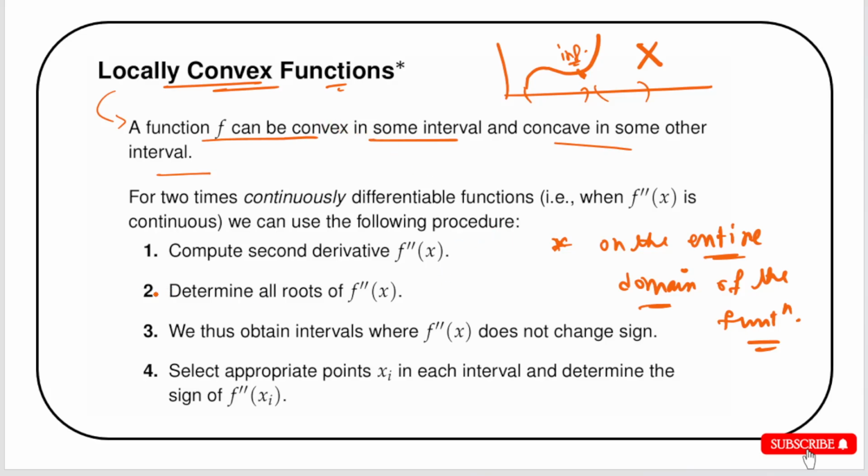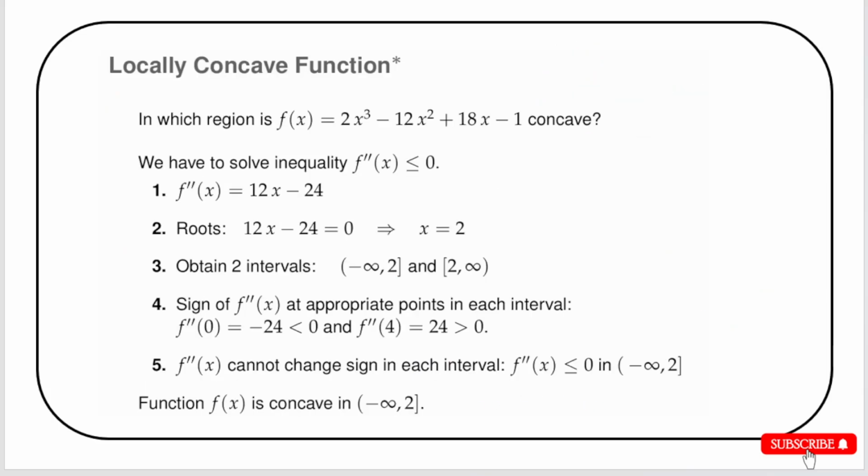So for that, again, this is the way of finding this. Find out the second derivative, determine all the roots, and then see in which interval it is greater than 0 and in which interval it is not. So here I have given you an example. This is also a cubic equation. So it asks in which region it is concave. So you have to find the second derivative first and see in which region it is less than or equal to 0.